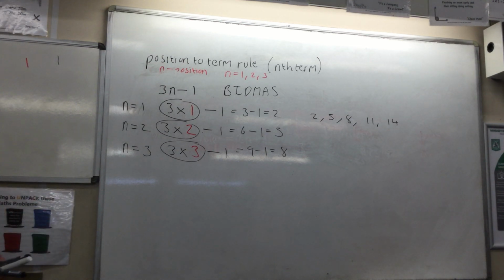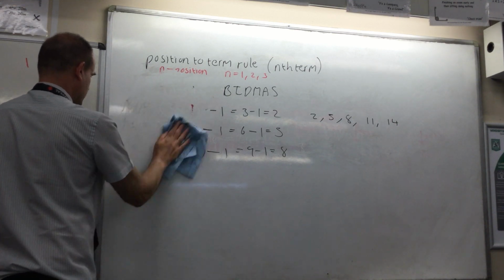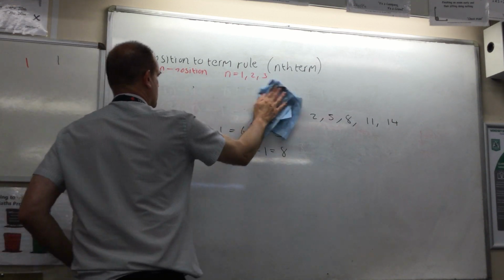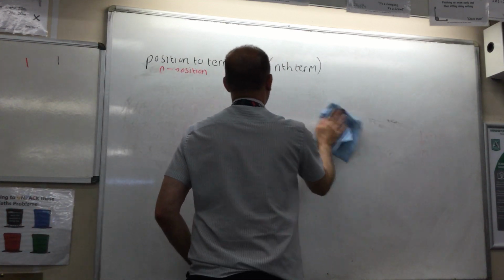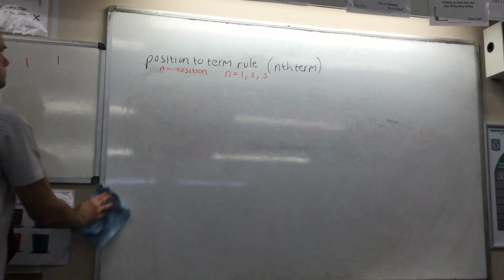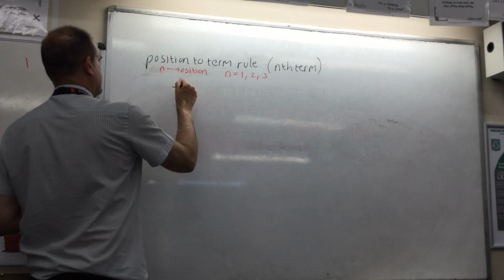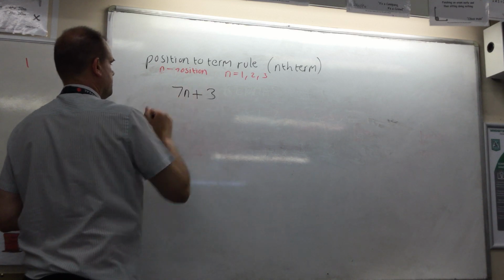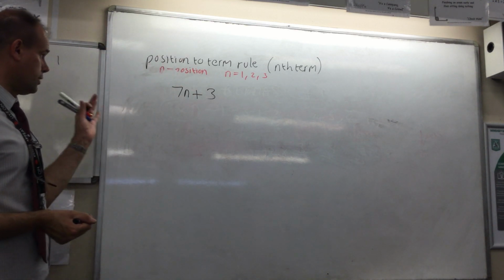I could give you another formula on the board there, let's just remove that. So let's give you a new nth term, one more. Same thing again. Okay, that's, I don't know, 7n plus 3. So again, that will work out the position to term rule, called the nth term.